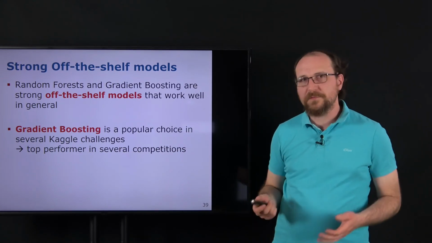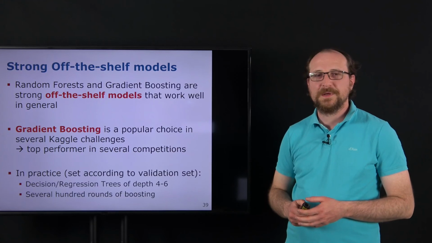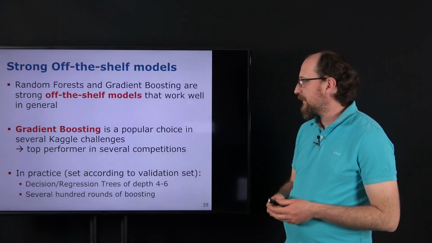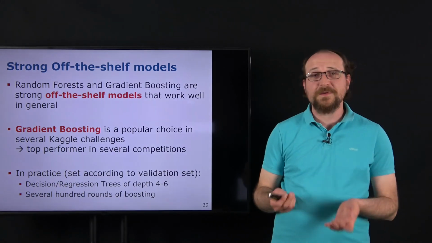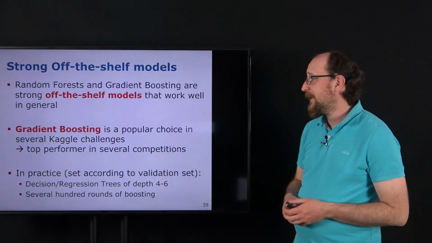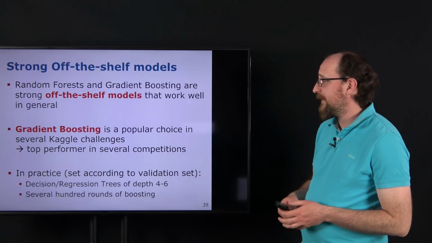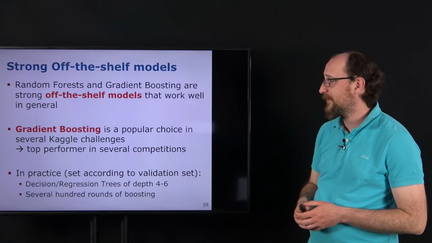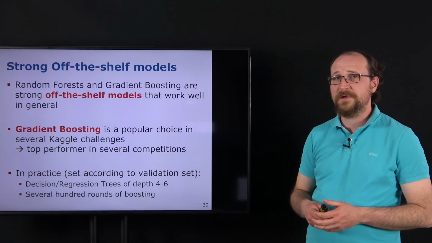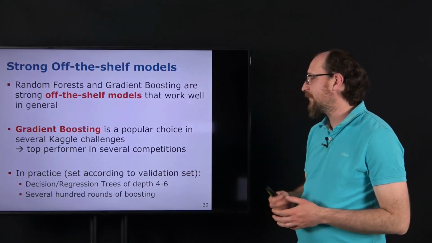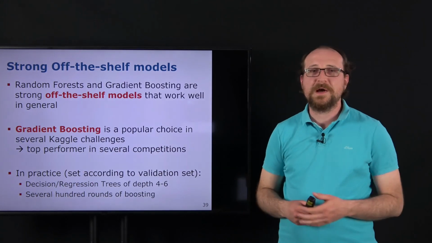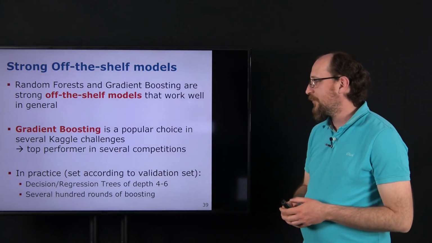But of course, we have to find the right hyperparameters. In practice, you always have to set them according to the validation set. So this is telling you what good parameters are in the end. And in practice, you're using something like decision or regression trees. So decision trees in the AdaBoost algorithm, or maybe regression trees in gradient boosting of depth 4 to 6, and then do several hundred of these boosting rounds.